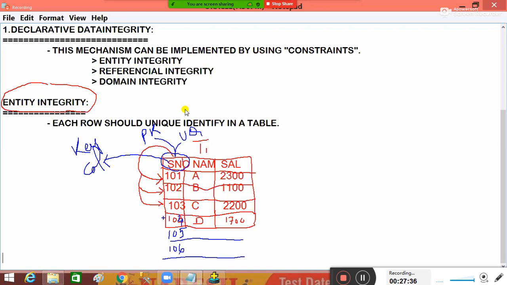Yes. So this mechanism is called entity integrity. Now all of you understand that, guys? All of you clear this? Entity means, do you all understand?